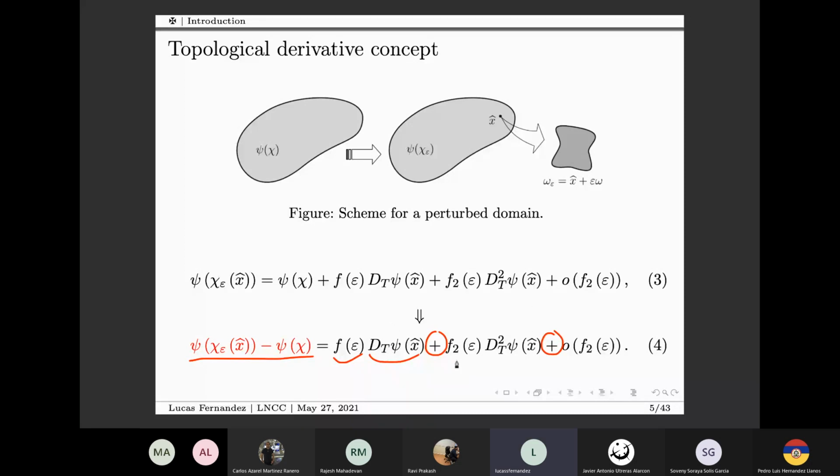Here in this term I have the same scheme, a function dependent on epsilon multiplied by another function independent of epsilon.